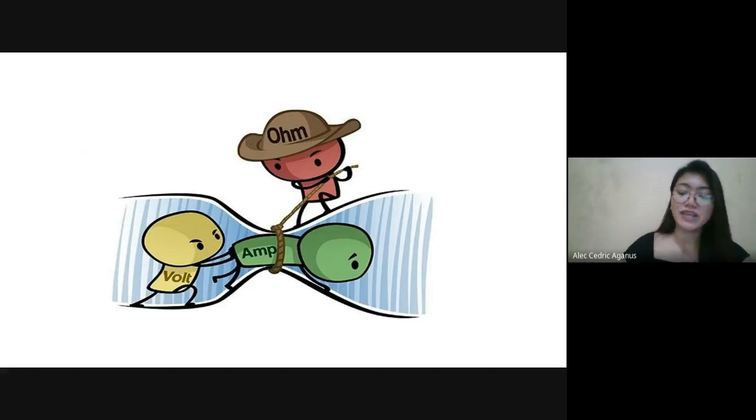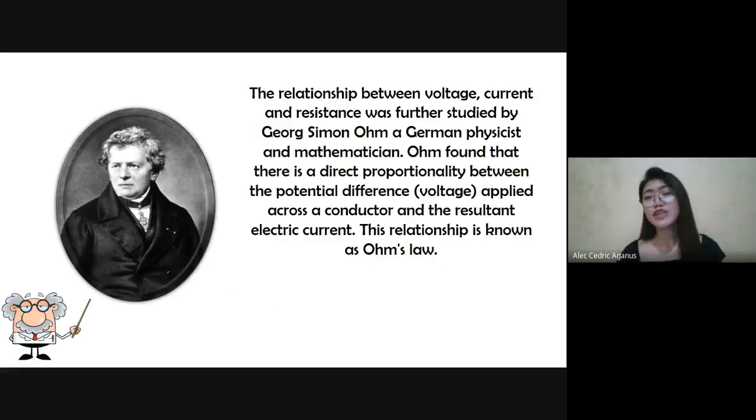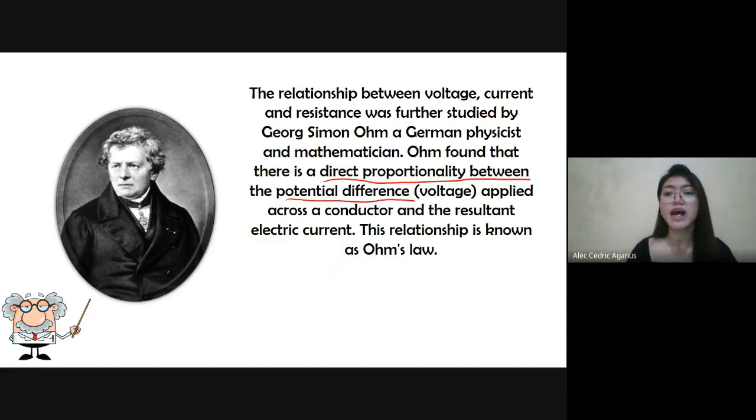So the relationship between the voltage, current, and resistance was further studied by Georg Simon Ohm, a German physicist and mathematician. Ohm found that there is direct proportionality between the potential difference across a conductor and the resultant electric current. This relationship is known as Ohm's Law.